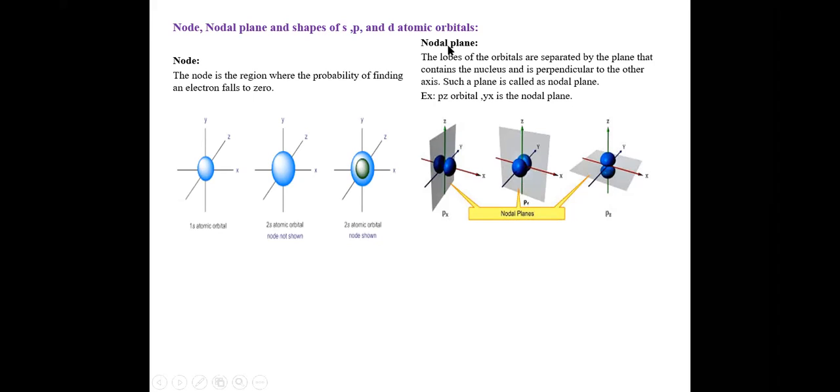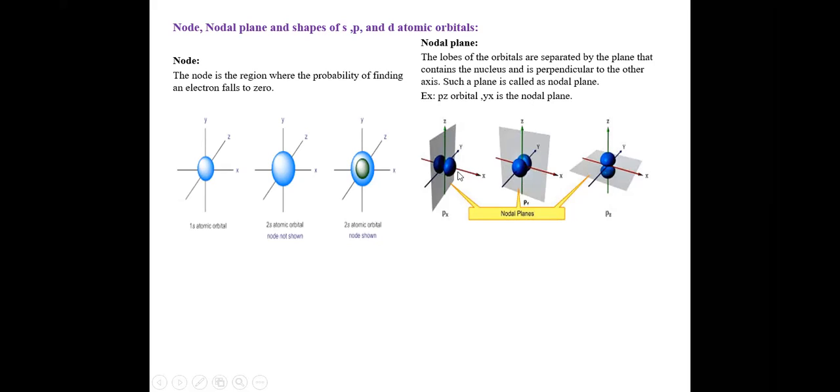Next one is the nodal plane. Here the lobes of the orbitals are separated by a plane that contains the nucleus and is perpendicular to the other axis. See the diagrams here. These are called lobes, the lobes of the orbitals. These lobes are separated by a plane.